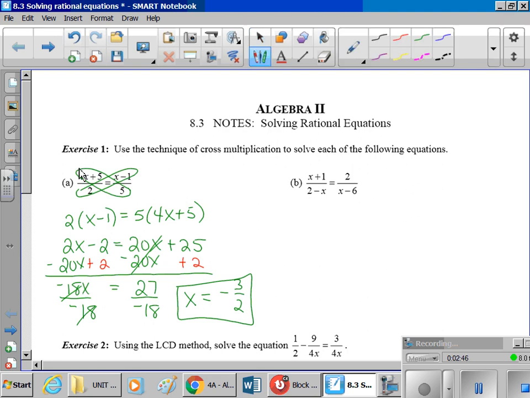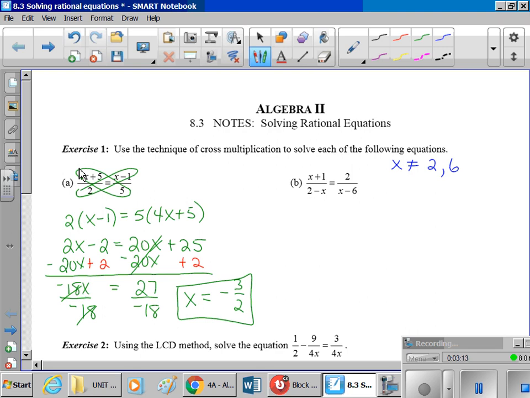So I know that x cannot equal, well, what makes this 0? 2. What makes this 0? 6. So those two, no matter what I get, I have to make sure that my solution, because we're doing equations here, does not consist of either one of those.